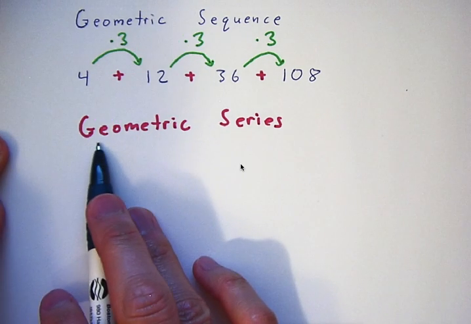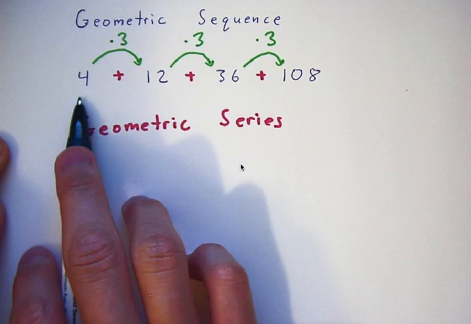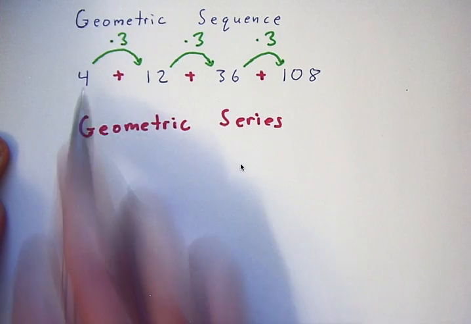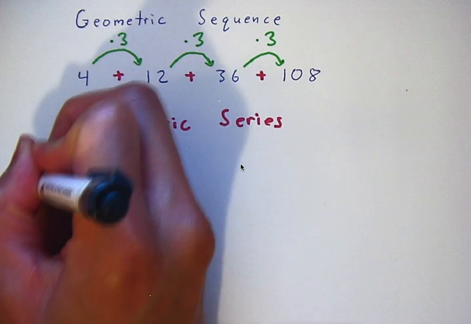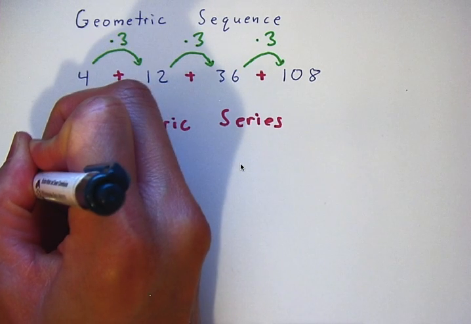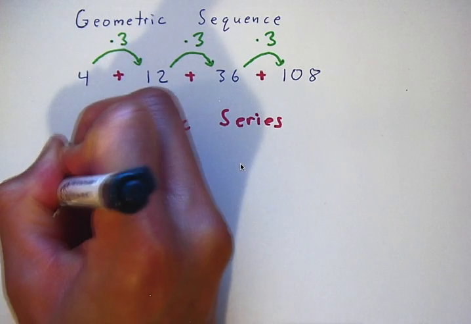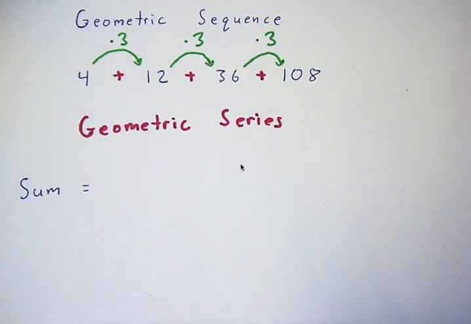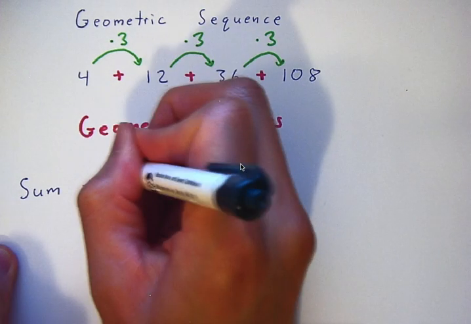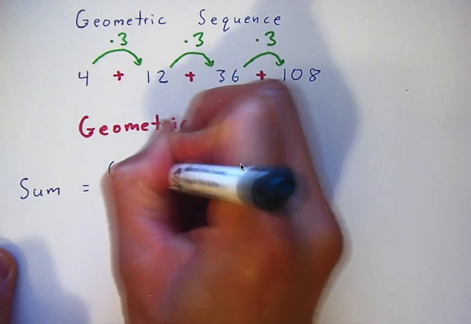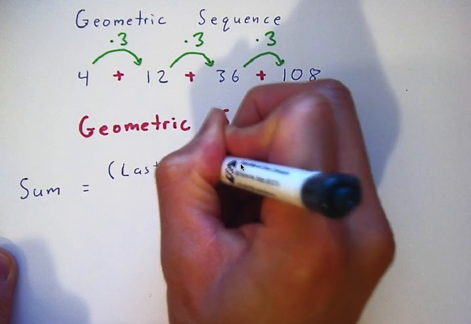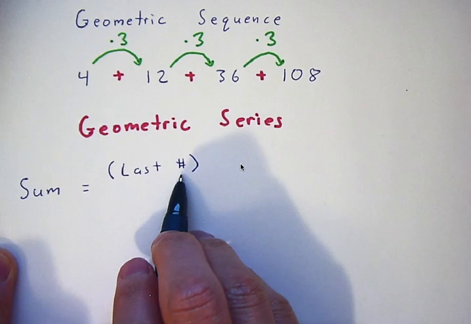So the equation to find the sum of a geometric series: if you wanted to find the sum, what you would do is take the last number, that symbol just means number.